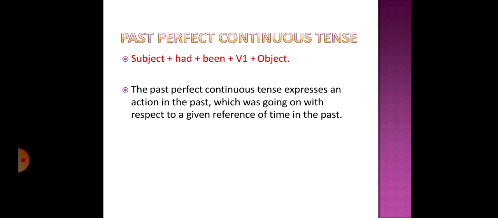It is also used to denote an action that began before the time of speaking in the past. It is also used to denote a repeated action in the past. So it can be used for all of these.